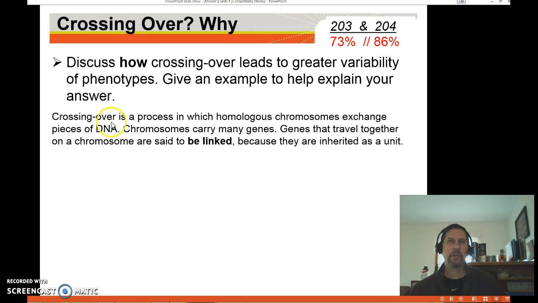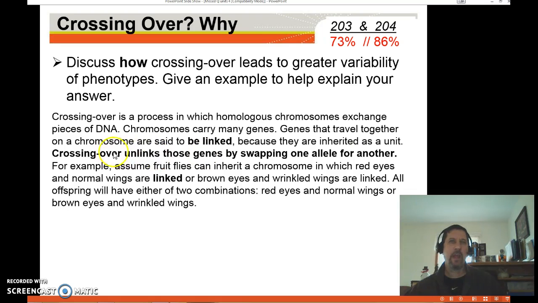We talked about crossing over as a process in which homologous chromosomes exchange a piece of DNA. Chromosomes may carry genes. Again, part of our definition from previous. Genes that travel together on the chromosome are said to be linked. Not sex-linked, but linked, because they are inherited as a unit. Okay. Crossing over unlinks those genes by swapping one allele for another.